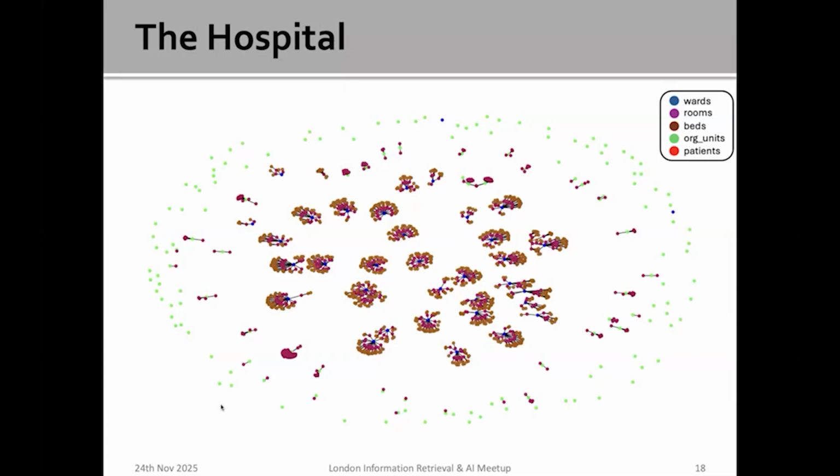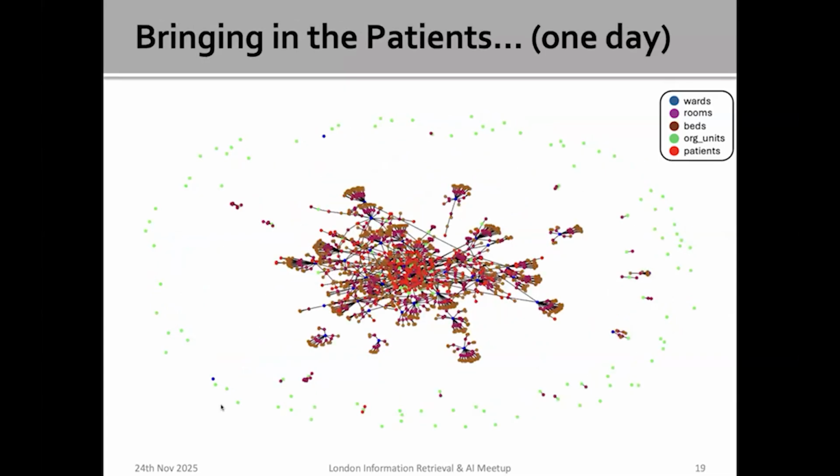Each of these wards has rooms connected to it, and each of these rooms has beds connected to it, and we have these different wards in the hospital. And now if we bring in some patients, this gets a lot denser. So we have all that information now linked up in a dense graph, and we can track that information and finally train our graph neural network on that graph.